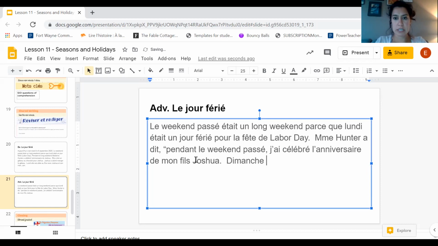Dimanche, j'ai fait un gâteau au chocolat que Joshua a adoré manger.